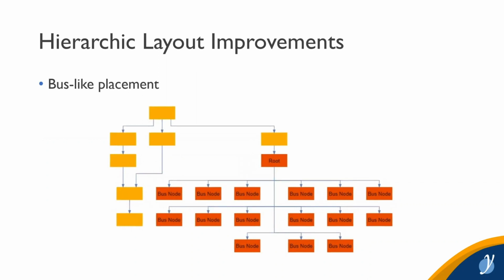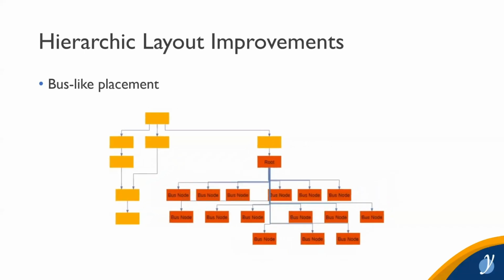Instead of resulting in a very wide layout with very small labels because of the zoomed out view, we provide the option to arrange nodes, especially for star-like substructures where each node only connects to the same root node. They will be arranged in this bus-like pattern, consuming less space in the resulting diagram.